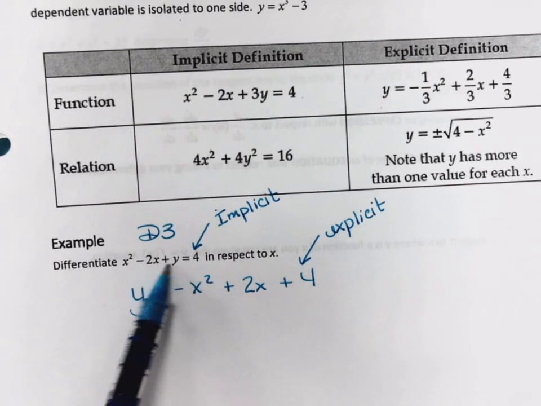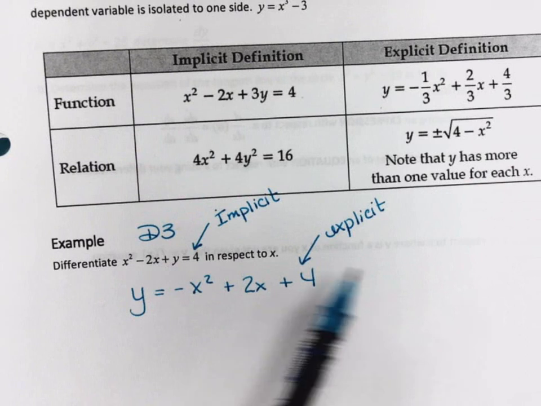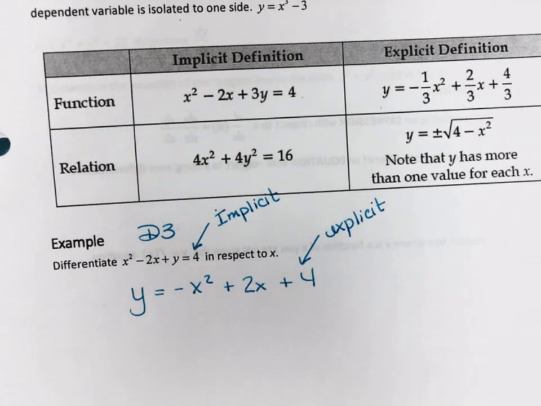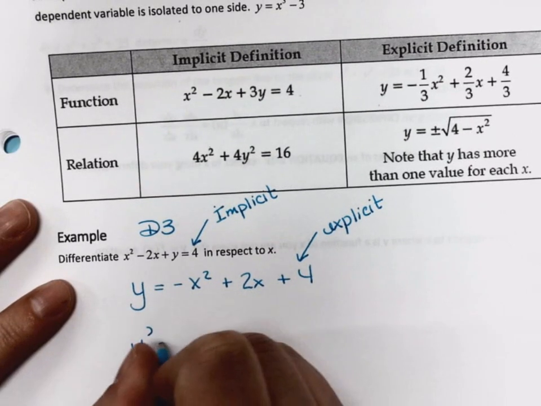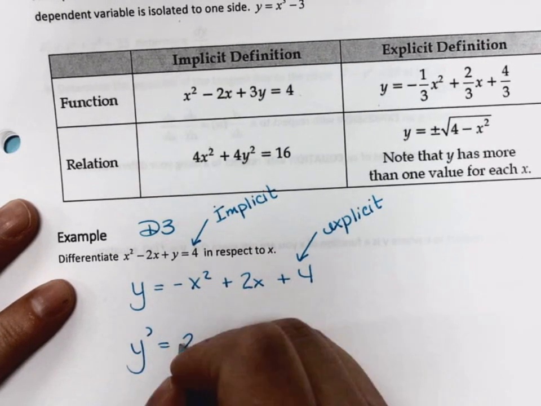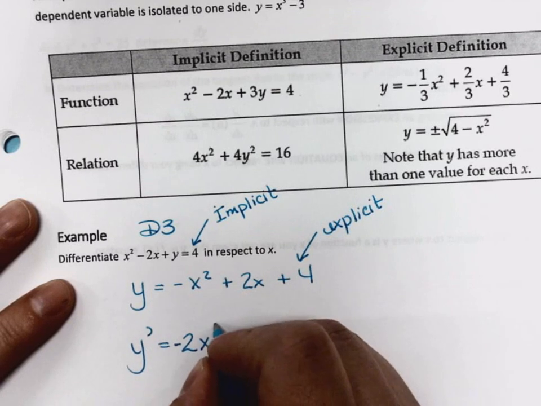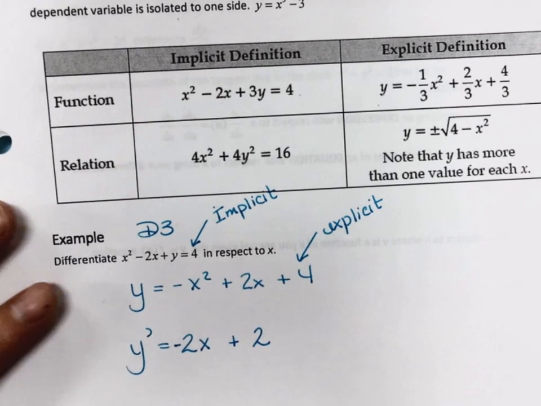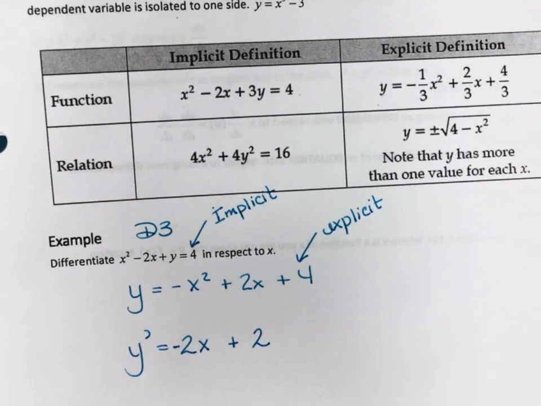Implicit, the x and the y are together on the same side. Explicit, now that it's rearranged like that, doing the derivative is super easy. We're going to use our rules from D3. Easy peasy. And I think that's how we would tackle any of these that came up.